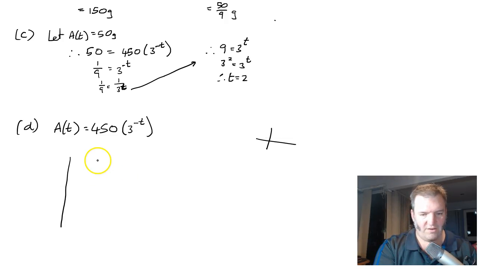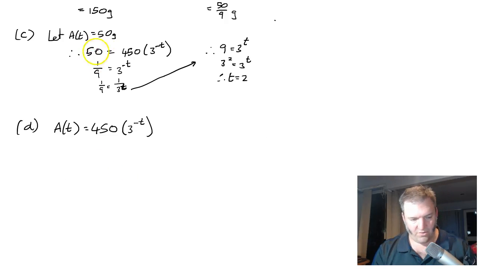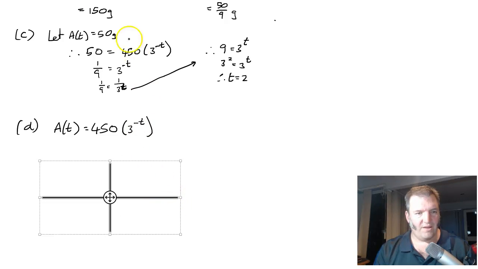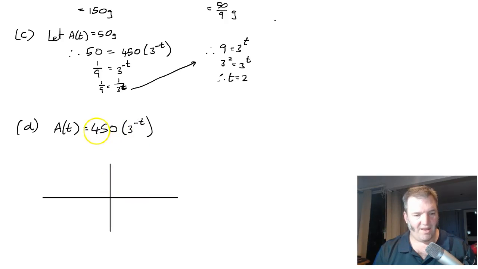Let's maybe just get rid of those and try and draw them a little bit more neatly, maybe even cheat and use the axes that they provide us with. How good of them. Now, so 450 times 3 to the t would usually go up like that. This time we're going to be going down. Now, we're not going to be too fussy about the general shape when we sketch these, but let's just have a think.